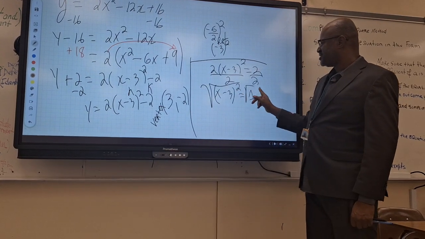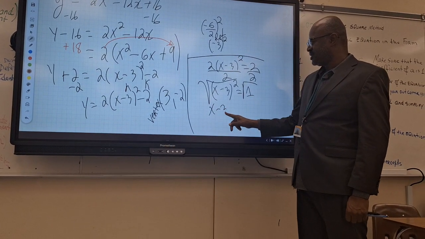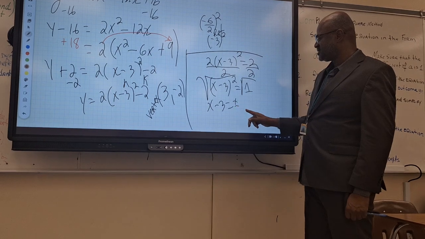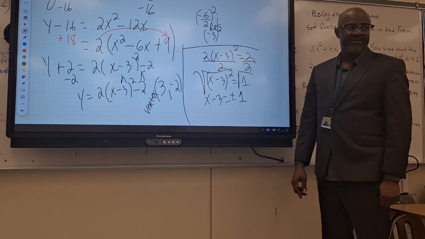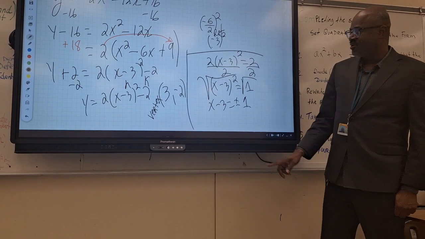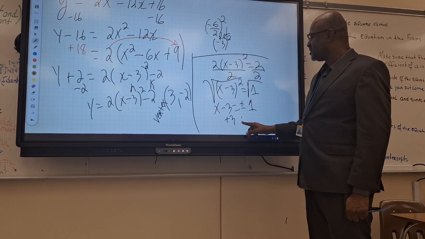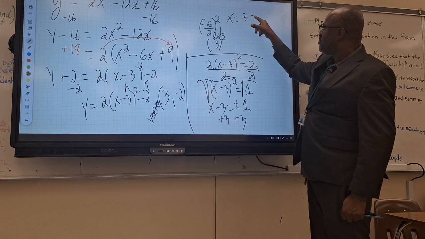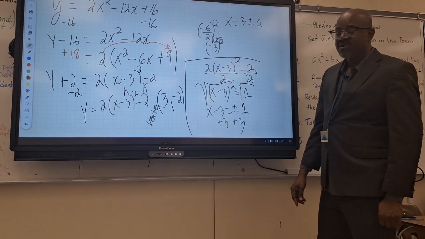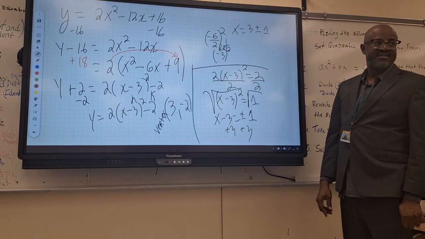And next step, we do what? Take the square root of each side. You end up with x minus 3 equals plus or minus 1. Then we need to get x by itself. In this case, you add 3 to each side. Then you will have x equals 3 plus or minus 1. We are supposed to fish 2 answers out of that.